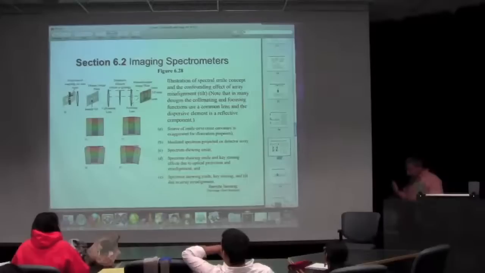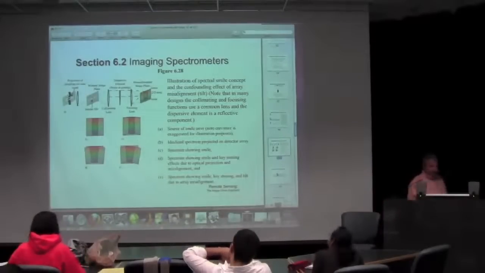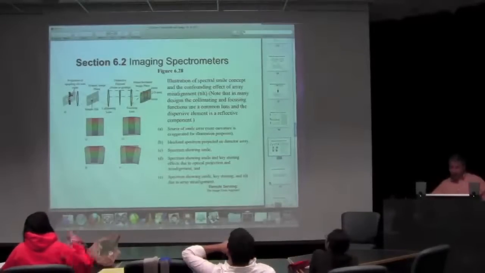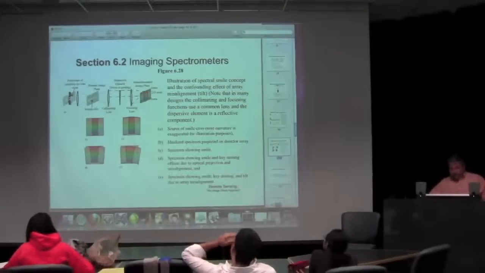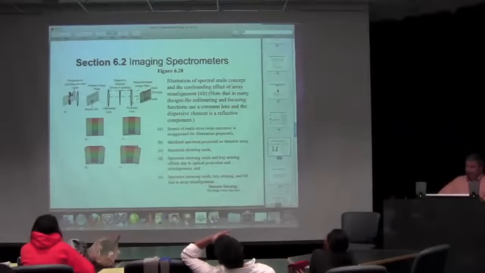All right, so now let's talk a little bit about some of the problems that you have with these types of sensors. Even the push broom sensors that we were talking about earlier. If we're looking at an object on the ground through a push broom type hyperspectral sensor, and we reproject that slit down to the ground and sweep out that spot in the across track direction, go through and do everything that we said. If everything is aligned perfectly, what I just told you about how these things work, it'll work just perfectly.